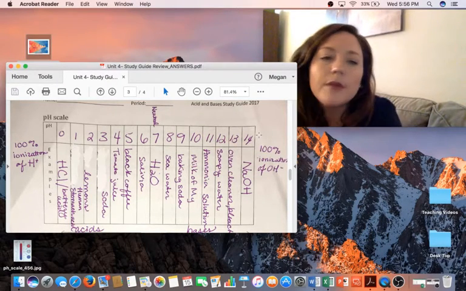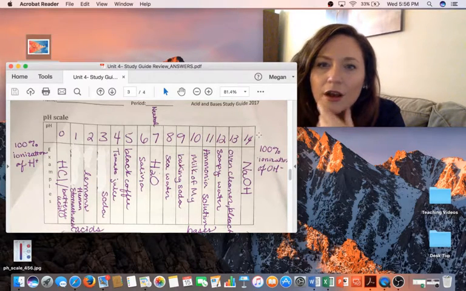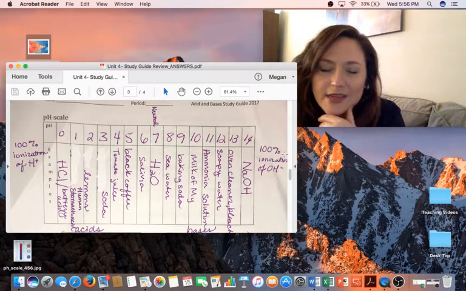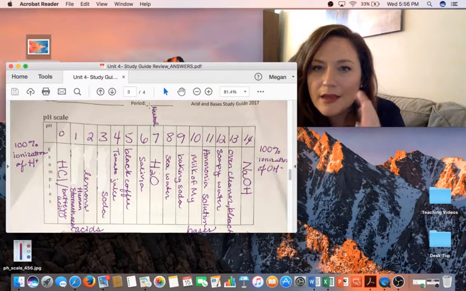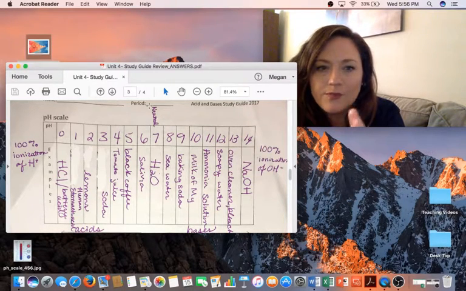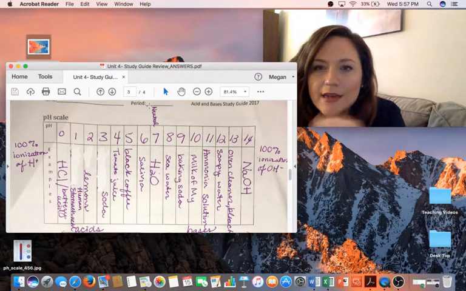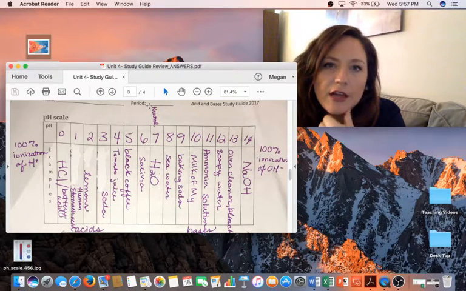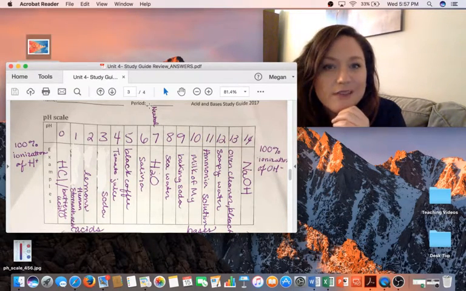So just remember that your strong acids and strong bases are actually at your start and your finish of your scale. They're on the outside. And then your weaker ones are towards the middle. And the guy in the dead center, your number 7, is neutral. And he has an equal concentration of hydrogen ions and an equal concentration of hydroxide ions.